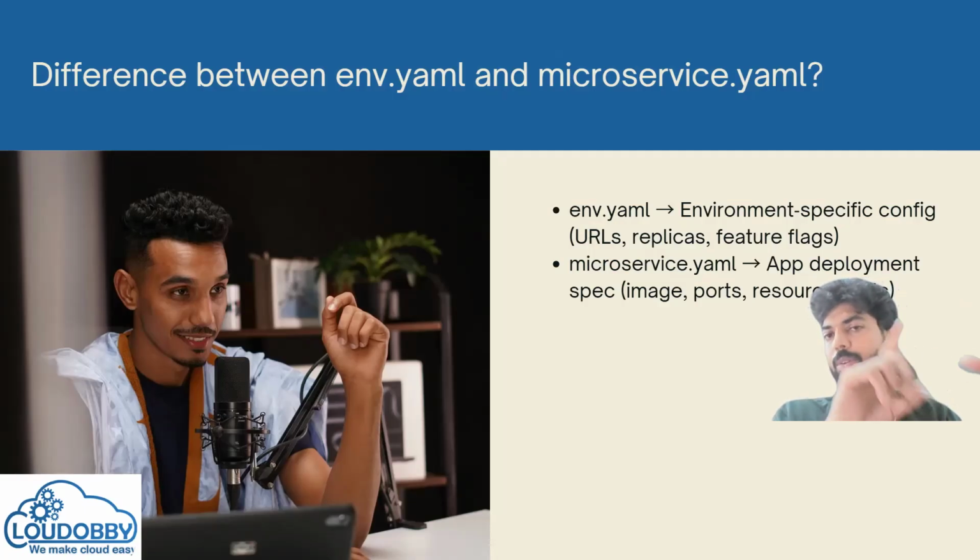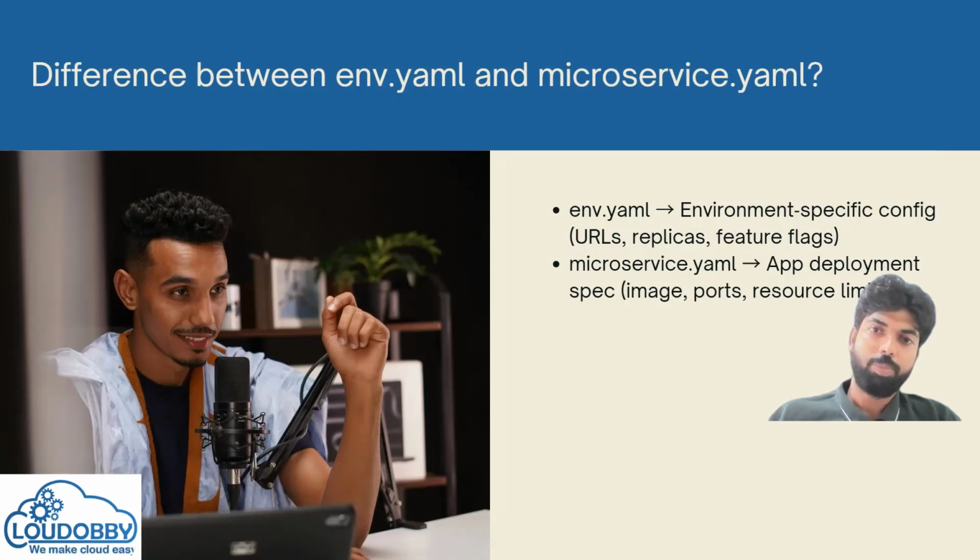Because for dev, you want to run only one container, one replica, and for UAT you will have two replicas as a standard as an input. That can be also controlled, but these are the major parameters in the microservices.yaml file. It can be application.yaml or your application name itself, hello world.yaml or your UI.yaml.